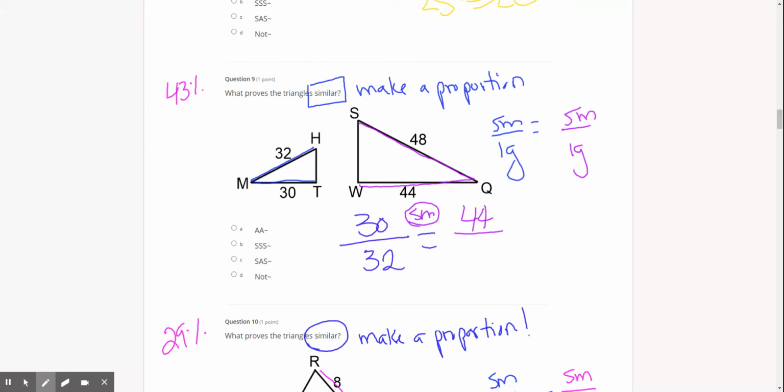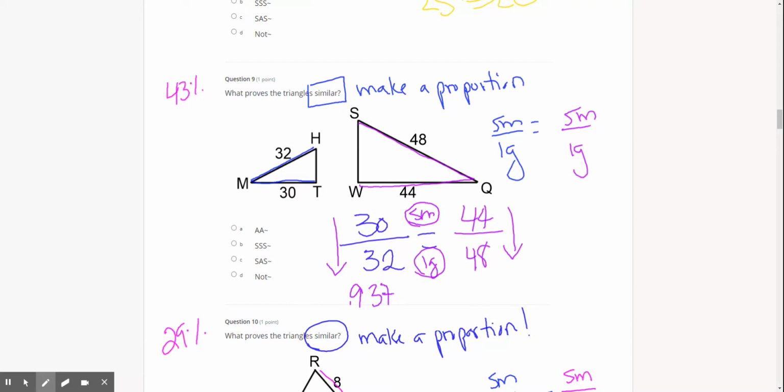Yes, ma'am. Which leaves the 48 over here. And then what do I do? You can. So we've been dividing. Let's keep dividing. So 30 divided by 32 is 0.937.